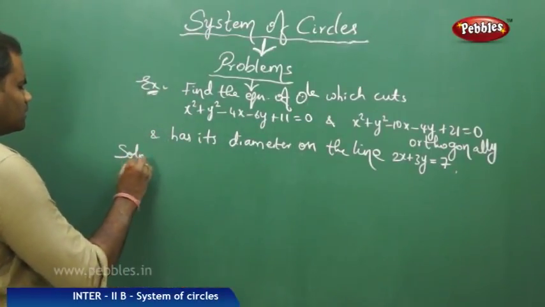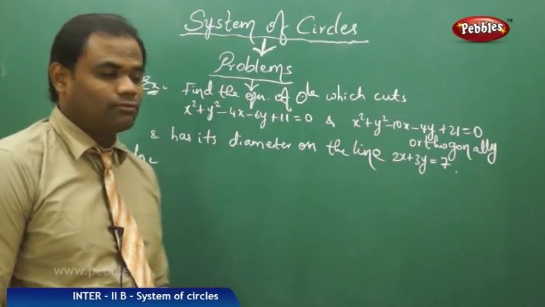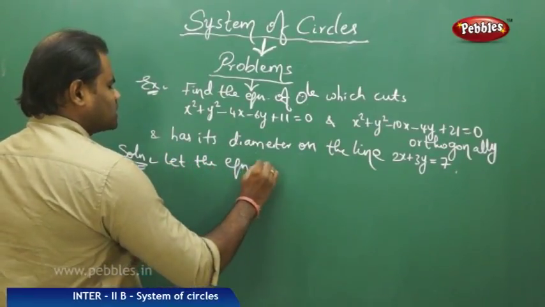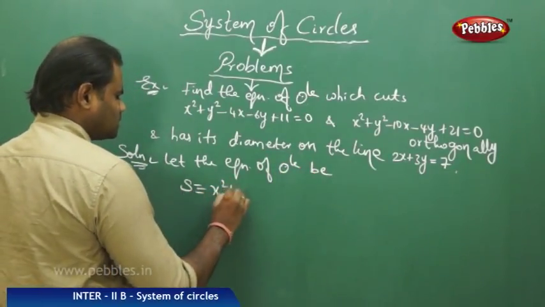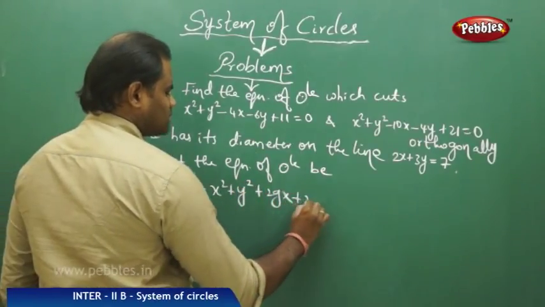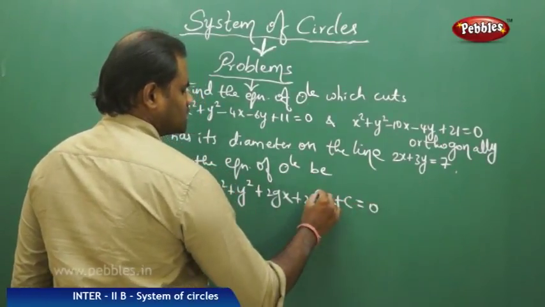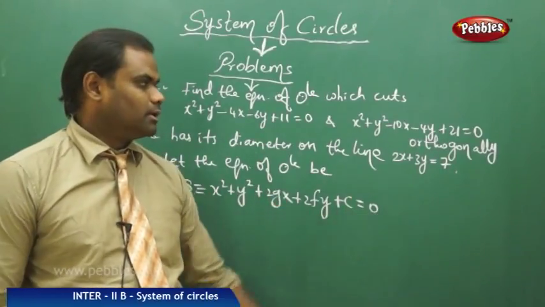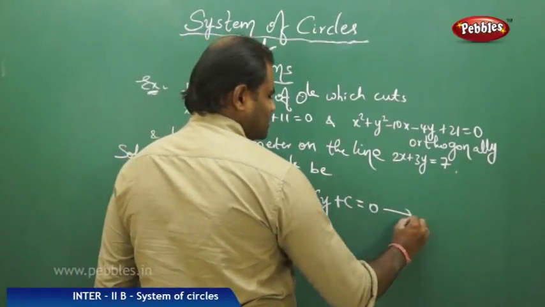Now initially, because I don't know the equation of circle, let me take the equation of circle in general form. Let the equation of circle be S equals x squared plus y squared plus 2gx plus 2fy plus c equals 0. So this is the equation of circle in general form, which I take as equation 1.